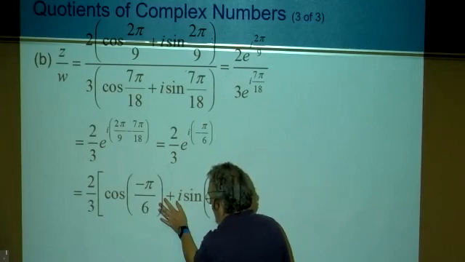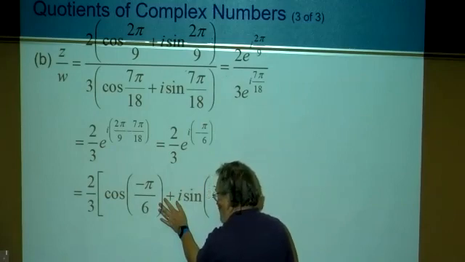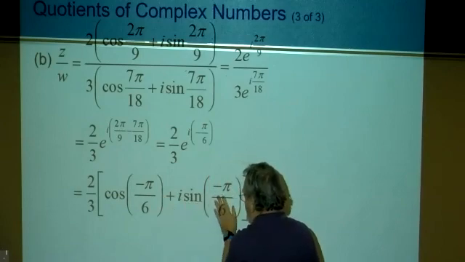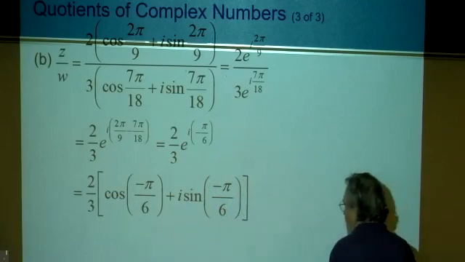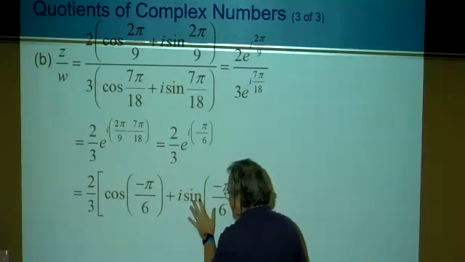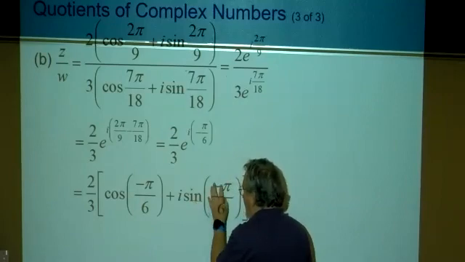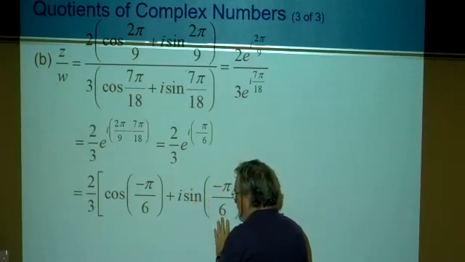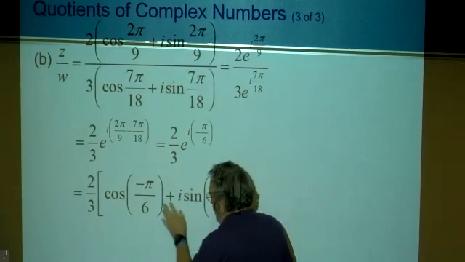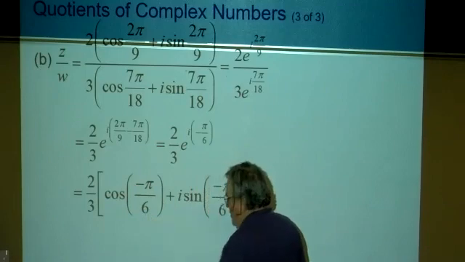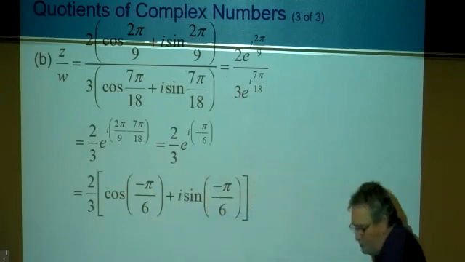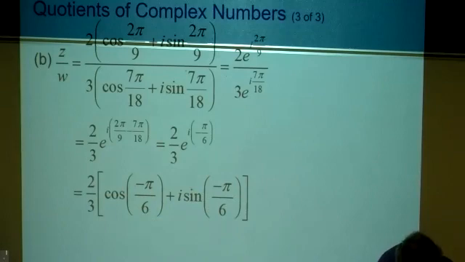So it'd be cosine of pi over 6 minus i sine of pi over 6. The y value is negative because the sine of negative pi over 6 is negative, and the cosine value is positive because the cosine of negative pi over 6 is positive. So you still get the same point. It's just by convention that we write them with the same angle.